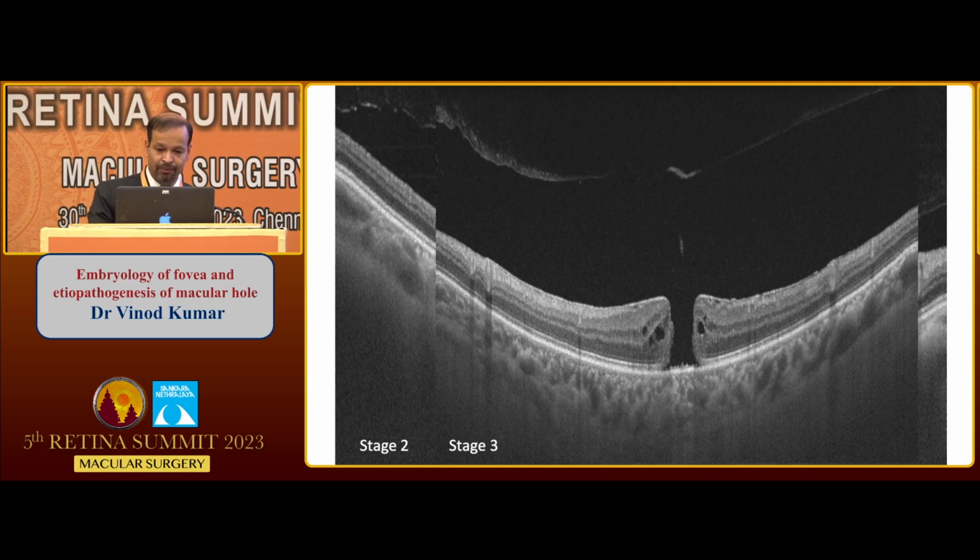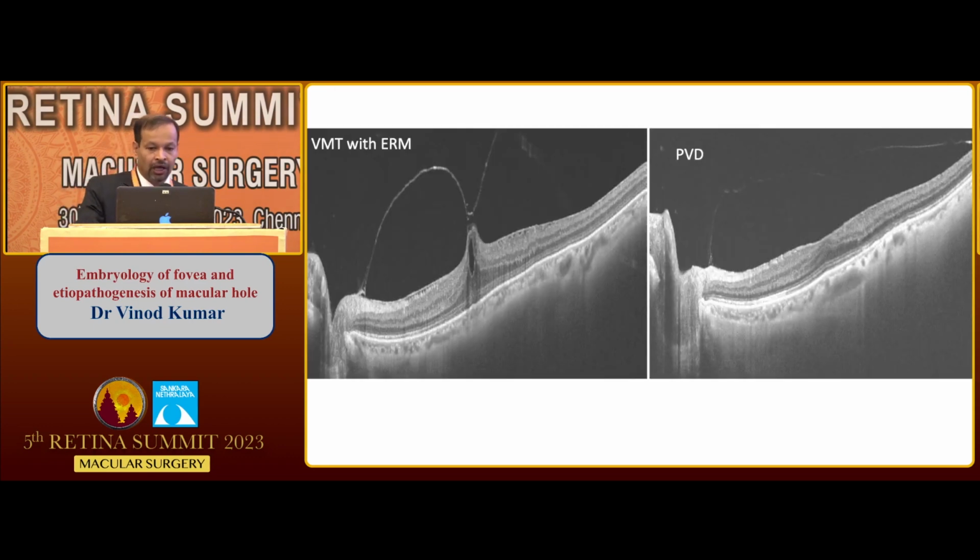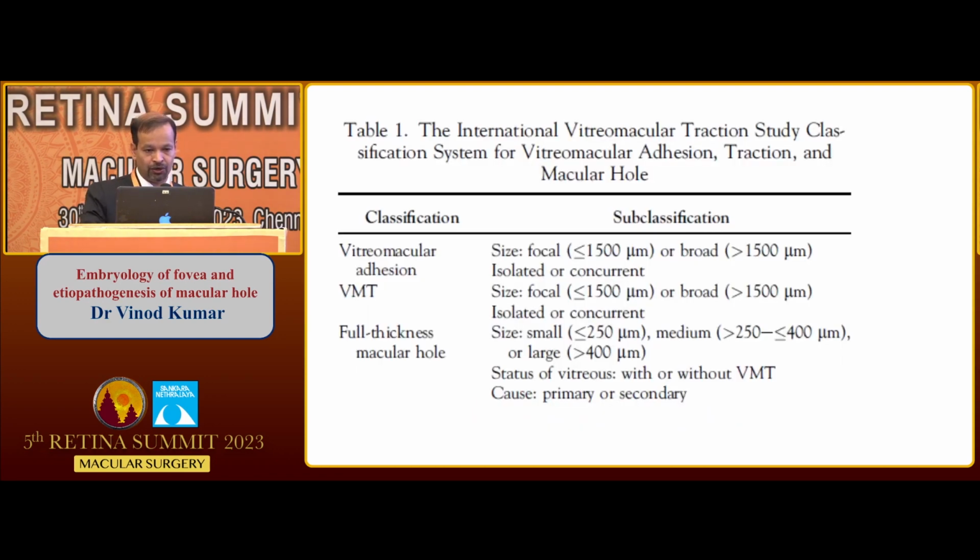When the PVD is complete at the fovea, but not at the disc, this is stage 3 macular hole, and stage 4 macular hole is when you have complete PVD with vitreous detaching from the optic disc, leading to the visibility of Weiss ring. Now, as I mentioned, this vitreomacular traction may or may not be associated with epiretinal membrane, and anterior-posterior traction is most important in the initial formation of macular hole.